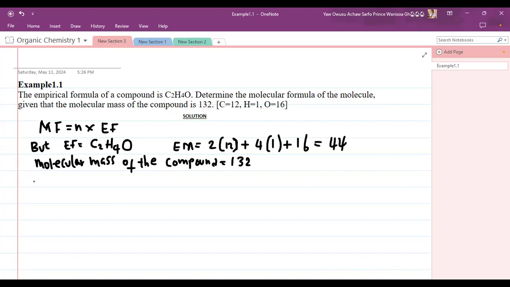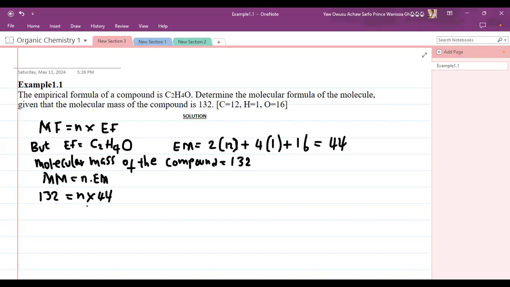Similarly, we know that our molecular mass is equal to N times empirical mass. Our molecular mass is 132, which is equal to N times the empirical mass, 44.